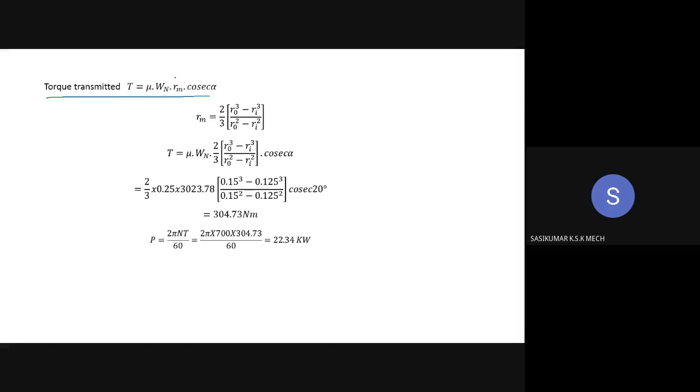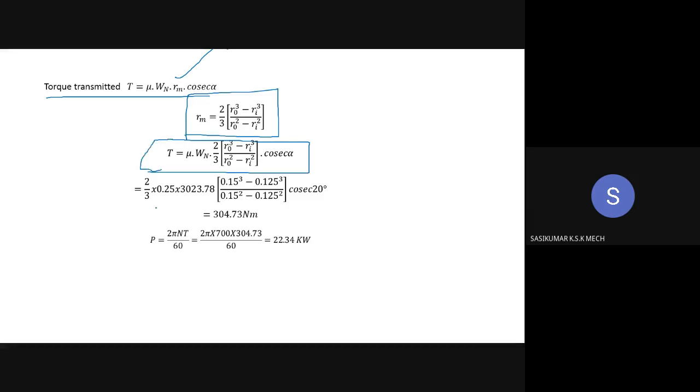You need to use the Rm for uniform pressure condition. For uniform pressure, the mean radius is 2 by 3, R naught power 3 minus Ri power 3, by R naught square minus Ri square. If you substitute here, you will have this relation.